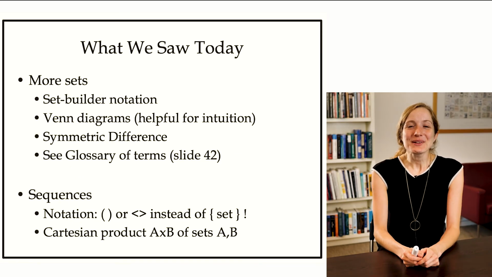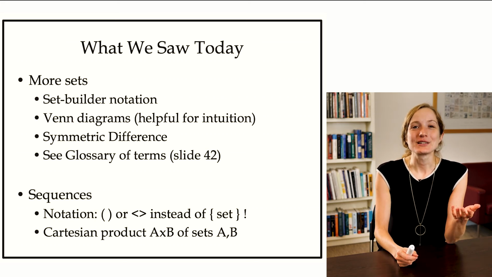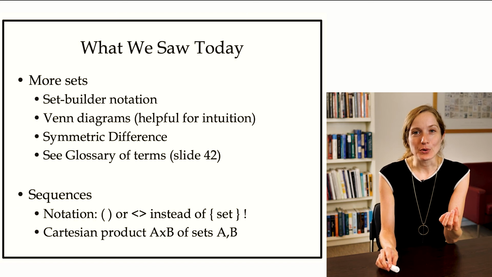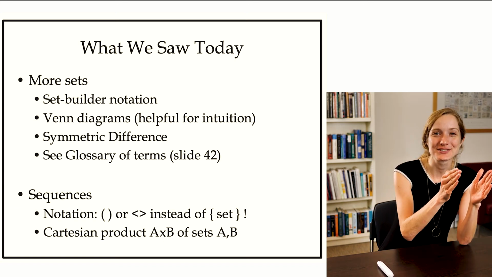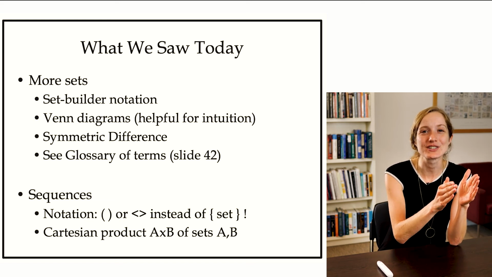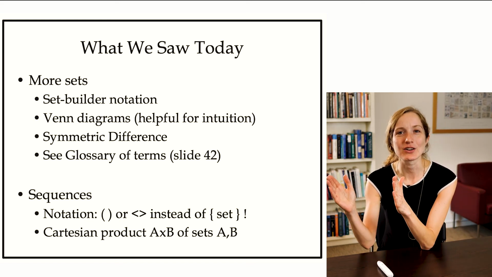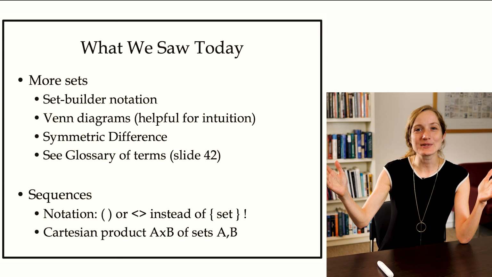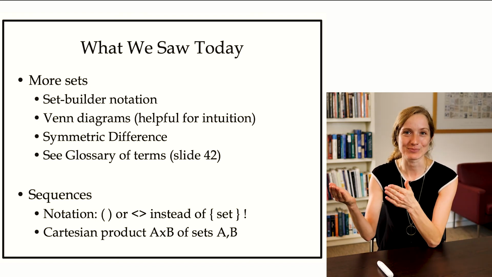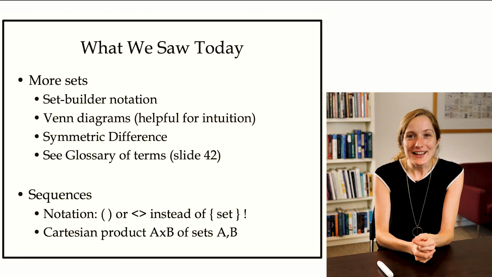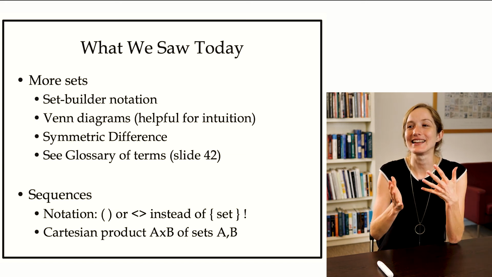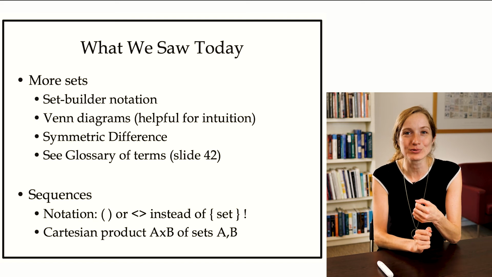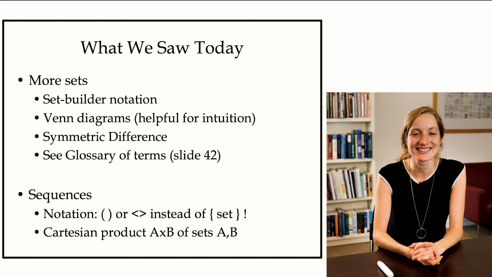All right, so let's briefly recap what we saw all together today. In the first part, we talked about sets, starting with set builder notation. Remember, this is the notation with the curly braces, starting on the left with elements x coming from some larger set, a vertical bar, and a predicate on the right. This describes the set of all elements that satisfy that predicate. We talked about Venn diagrams and how to use them as a useful tool for giving you intuition and leading you toward a proof of a statement regarding sets.